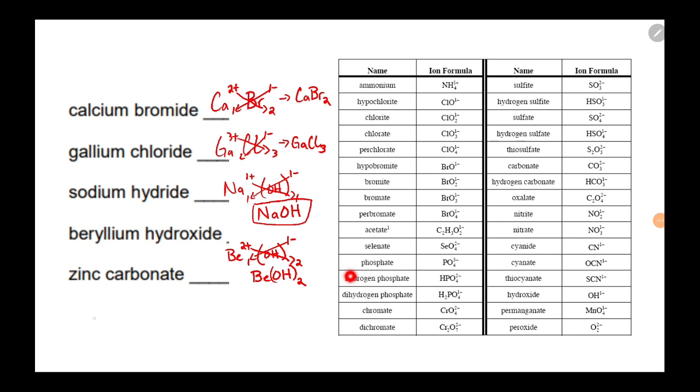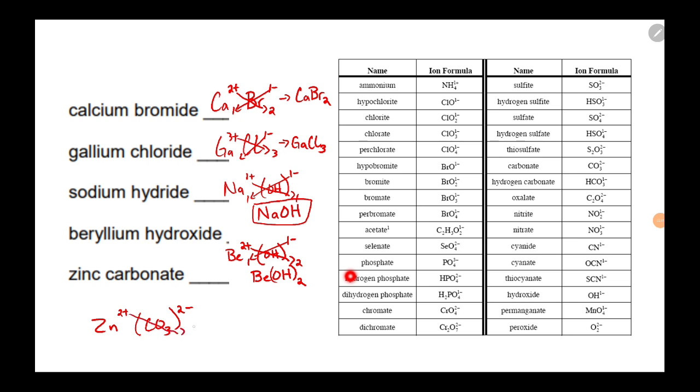Finally, for zinc carbonate, we know that zinc has a positive 2 charge. Even though it's one of the transition metals, that's one of the ones we remember. Zinc always has a positive 2 charge. Carbonate ends in ATE, so it's probably a polyatomic ion. It has the formula CO3, and it has a 2 minus charge.